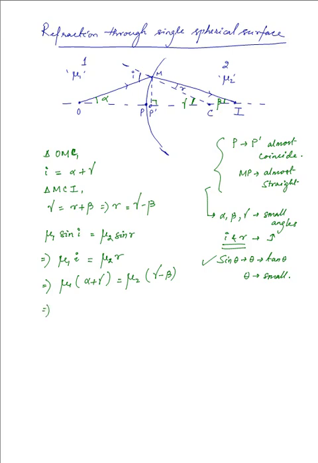And then we can further take the tangent of these angles, because for smaller angles, these angles can be equated to their tangent. So we have mu1 times tan alpha plus tan gamma to be equal to mu2 times tan gamma minus tan beta.